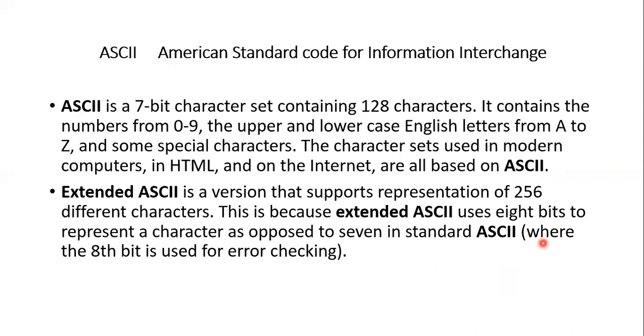The next one is alphanumeric codes. Different types of codes are used to represent alphanumeric characters. They are called ASCII, the American Standard Code for Information Interchange, which is a 7-bit character set containing 128 characters.